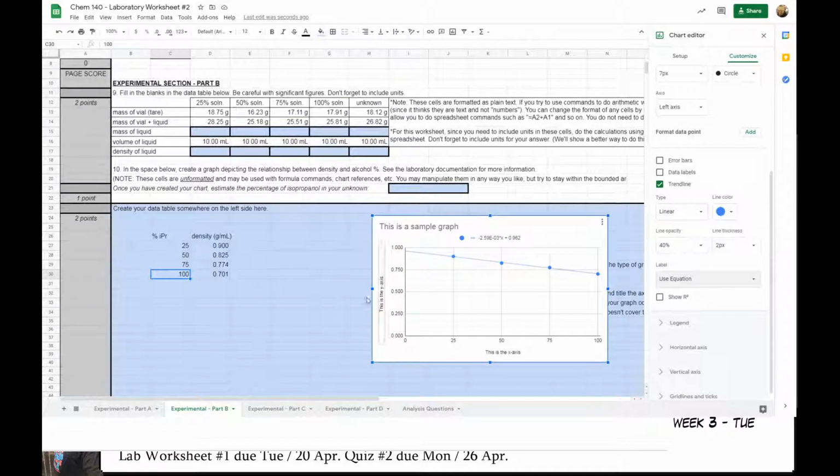The last good thing that you should do on a graph, you should always include this, where it says show r squared. R squared is a statistical function. What r squared does is it tells you how linear your data is. The closer r squared is to 1, the better your data conforms to this line. Now you can see that my data doesn't perfectly fit the line. Some of the dots are a little high and some of the dots are a little low.